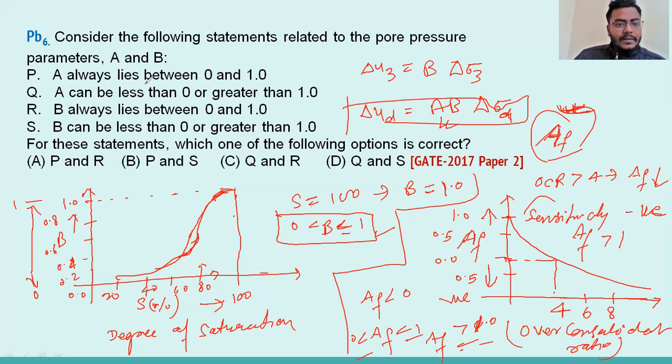A always lies between 0 and 1, that is not correct. A can also be 0 or greater than 1, this can be correct. B always lies between 0 to 1, this is correct for B. So B cannot be less than 0 or greater than 1. So Q and R, option C will be correct.